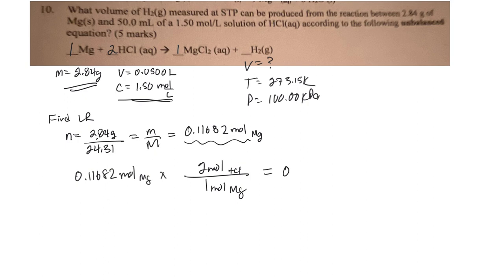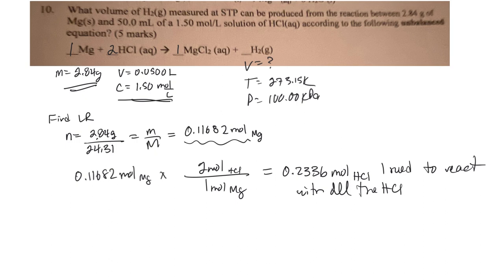That's 0.2336. So this is how many moles of HCl I need to react with all of the magnesium.